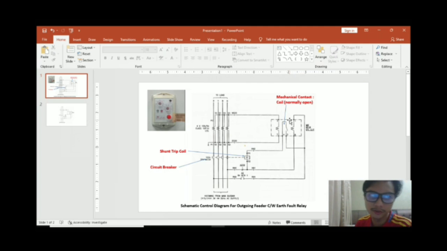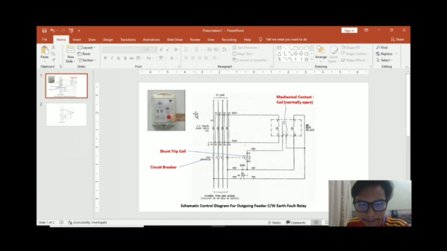This coil is for protection. When it closes, it means a fault has happened. The fault signal goes to the shunt trip coil, and the shunt trip coil gives the signal to the circuit breaker. When the circuit breaker gets the signal, it opens this wire.